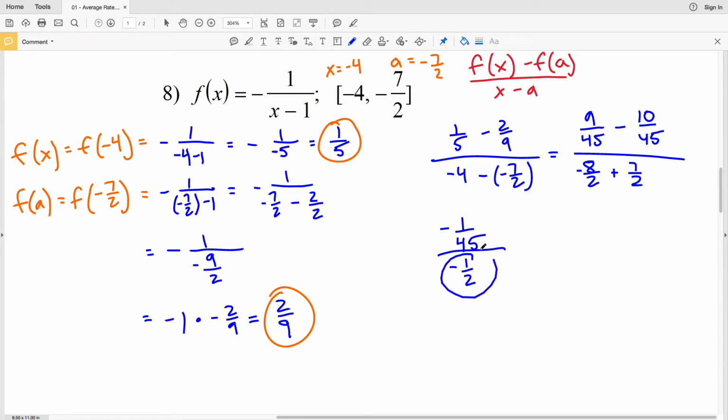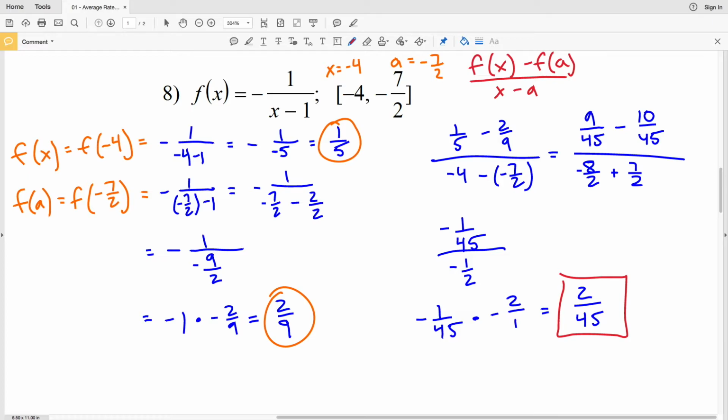So now I'll multiply the numerator by the reciprocal of the denominator. So negative 1/45 times negative 2 over 1 will equal positive 2 over 45, or positive 2/45ths for number 8.